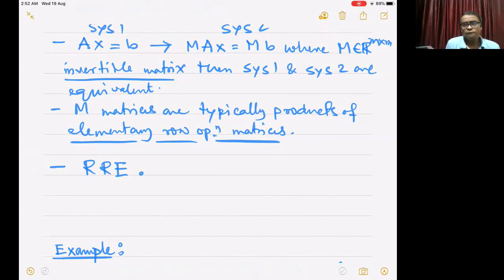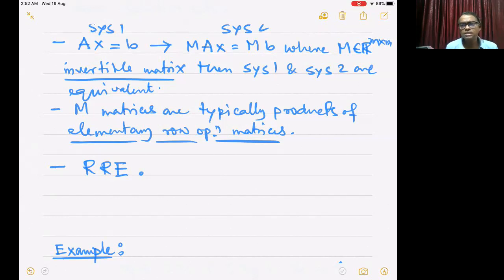But now, if it is in row reduced echelon form, we will see that it's absolutely simple to get the solution, because from row reduced echelon form one can directly read off the solution. All the solutions, in fact, not just one solution. The whole solution set can be described by just looking at its row reduced echelon form.